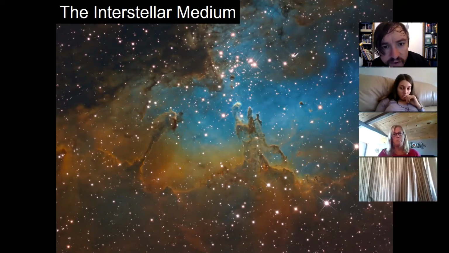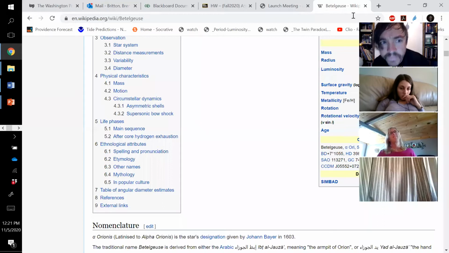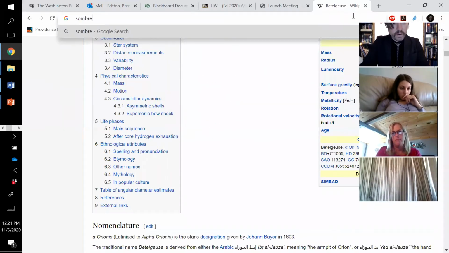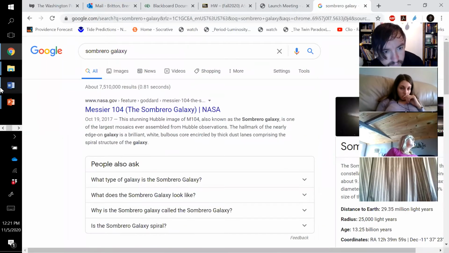I also want to show you another cool picture from space. I just want to show you a picture of a famous galaxy called the Sombrero Galaxy. And if you've never seen it, it's pretty beautiful and awesome to look at. Let's see if we can get a Wikipedia picture of it. Sombrero. Here we go.